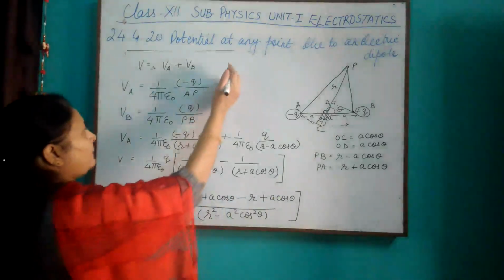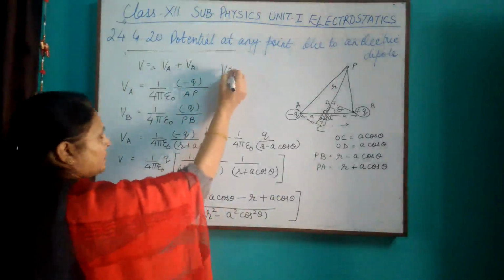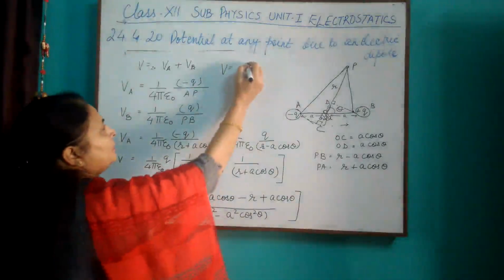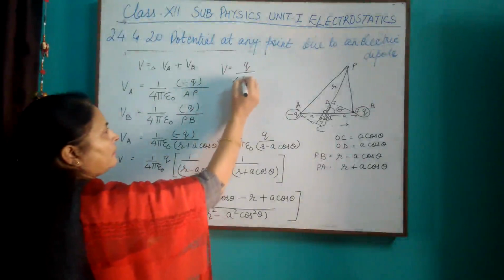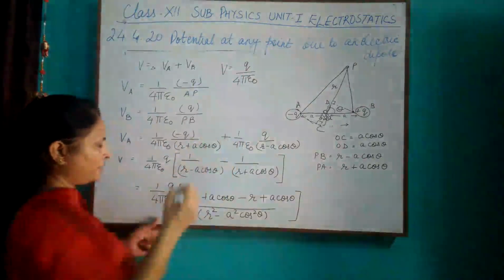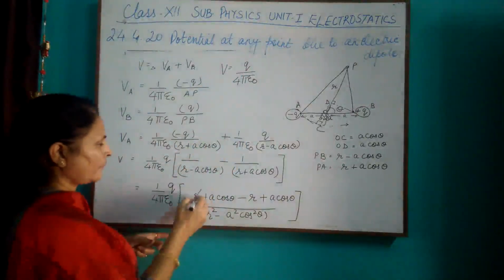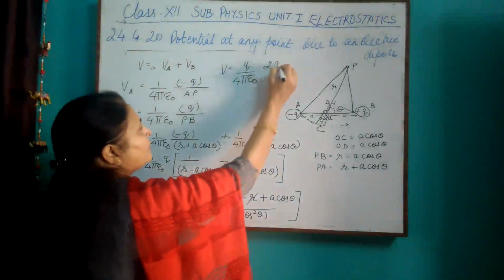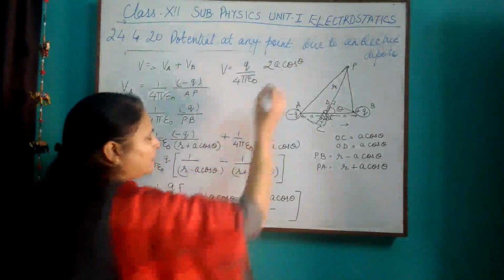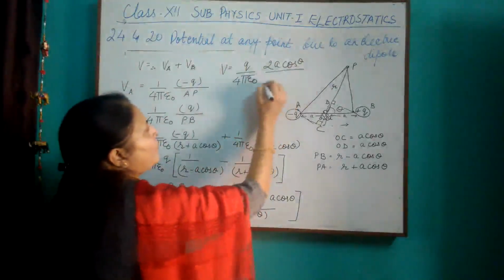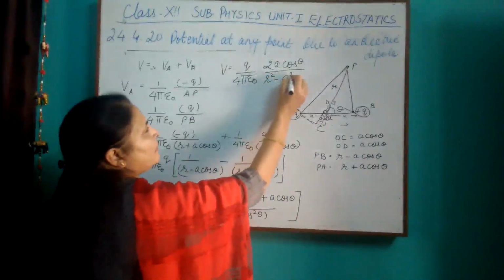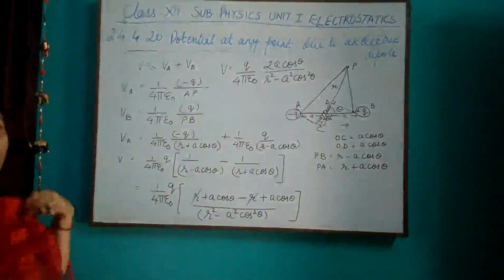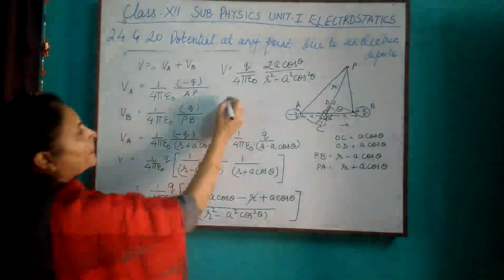This is going to give me V equals to, Q is already common, Q upon 4 pi epsilon naught, R and R will cancel out, 2A cos theta upon R square minus A square cos square theta.